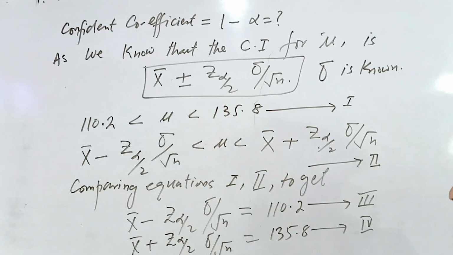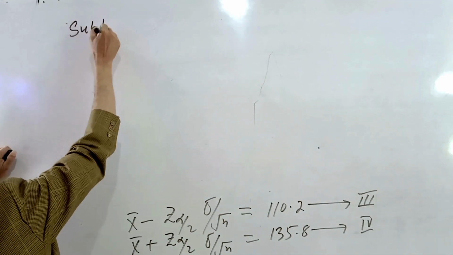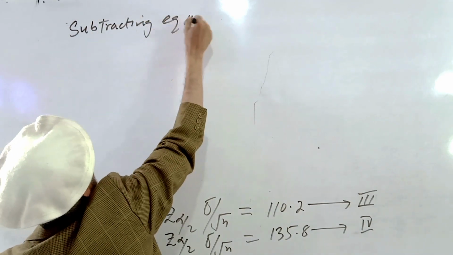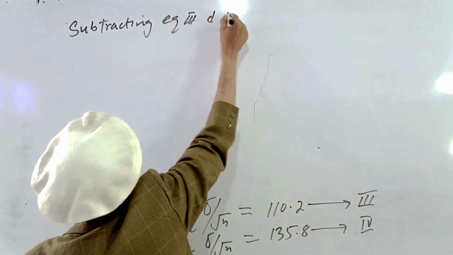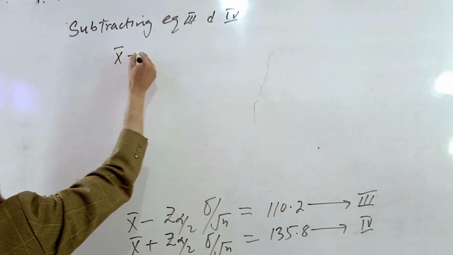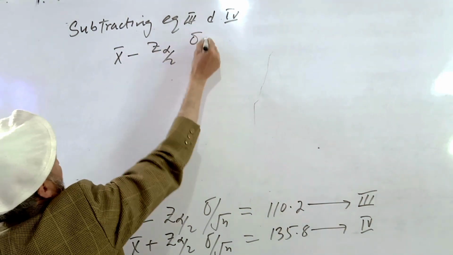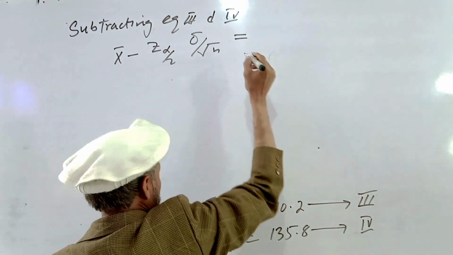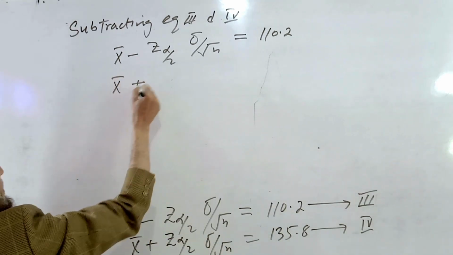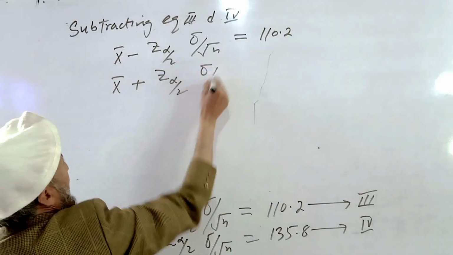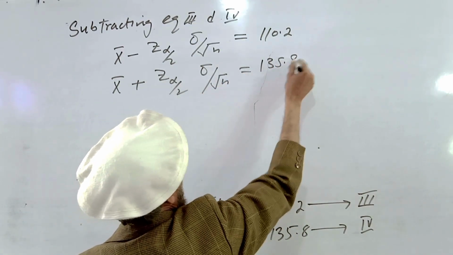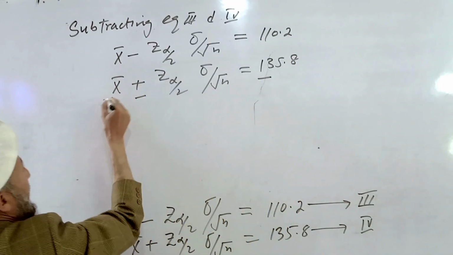If we subtract equation third and fourth, we get x bar minus z alpha by 2 sigma root n equal to 110.2 and x bar plus z alpha by 2 sigma root n equal to 135.8. If we subtract, the signs change.